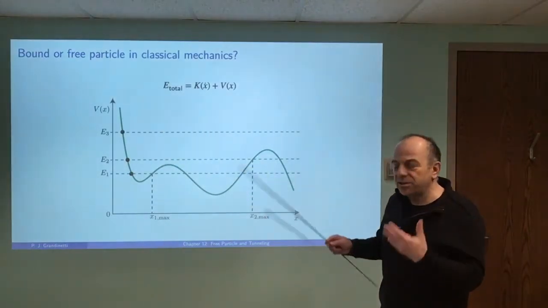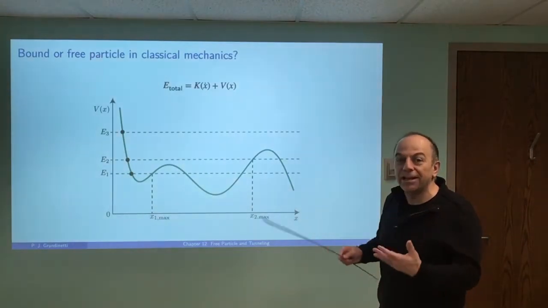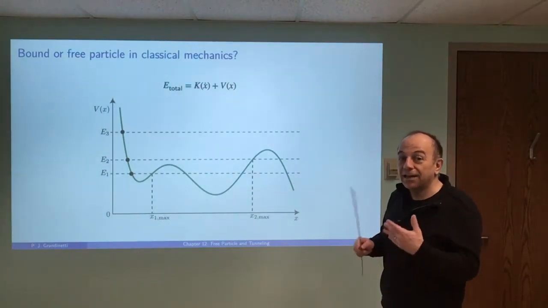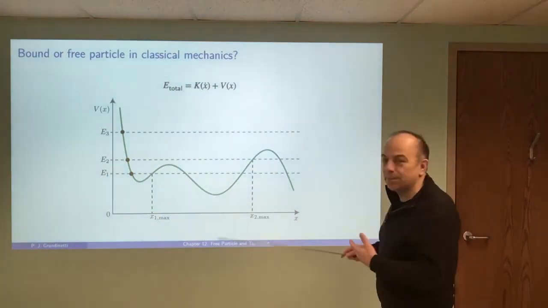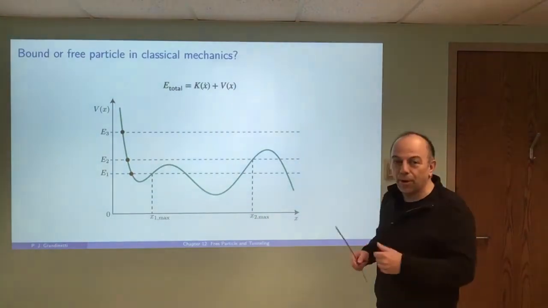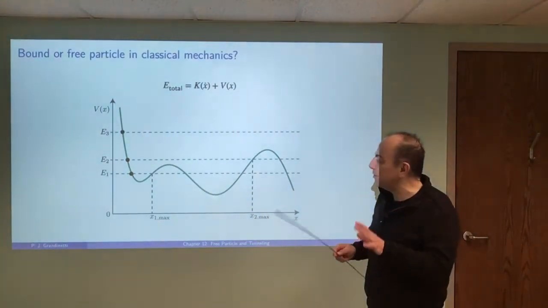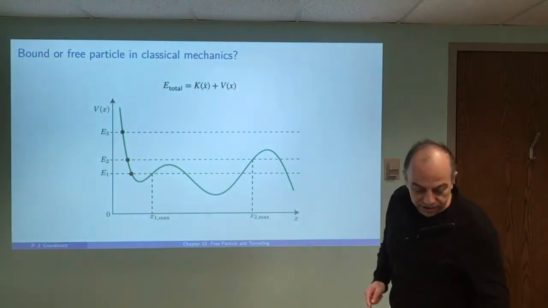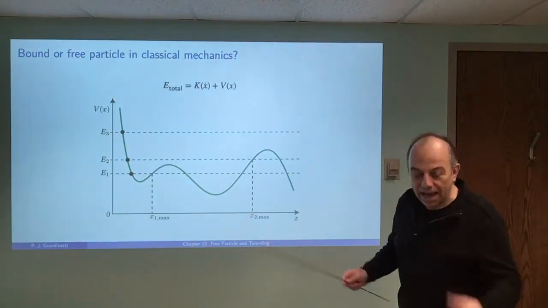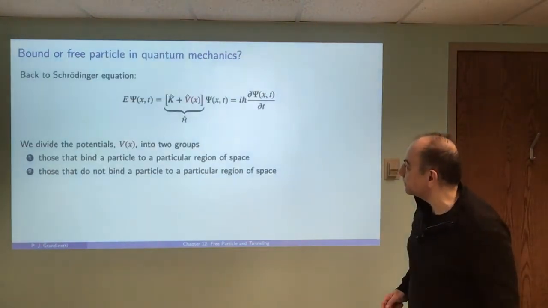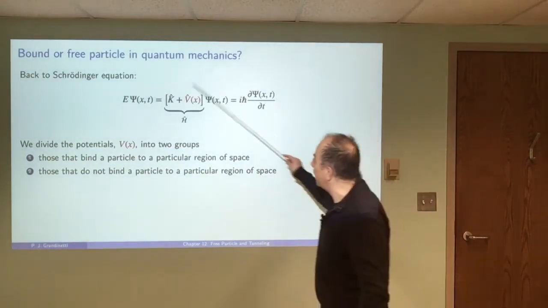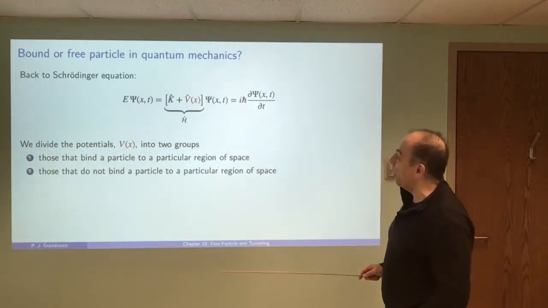So there are some significant differences between the classical particle moving in this potential energy surface and a quantum particle, and that's what this chapter is about, to try to understand how those differences arise. They arise out of the wave-like properties. So let's go back to the Schrodinger equation, and let's consider our free particle.